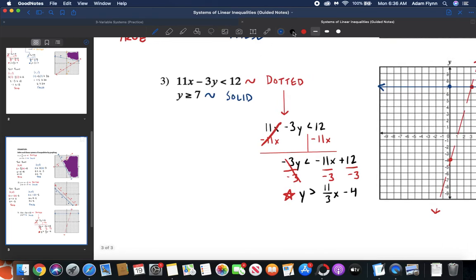So I'm going to go right over here, and really I only need to do one test point for my red line. And you can plug it into your manipulated equation down here, but remember, I like to plug it into my original standard equation, in standard form, rather.